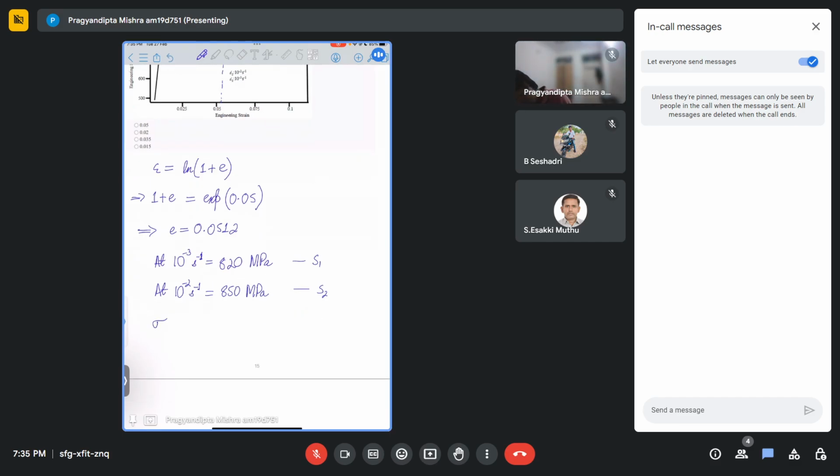So my sigma 1 will be equal to S1 times 1 plus E, sigma 2 will be equal to S2 times 1 plus E. Okay, let's just calculate.